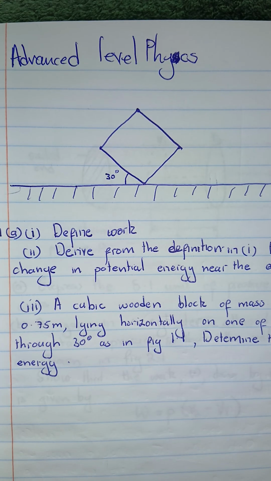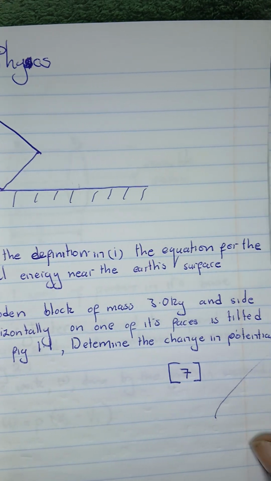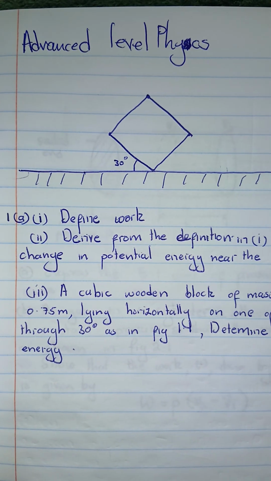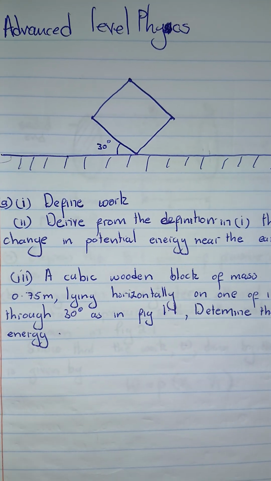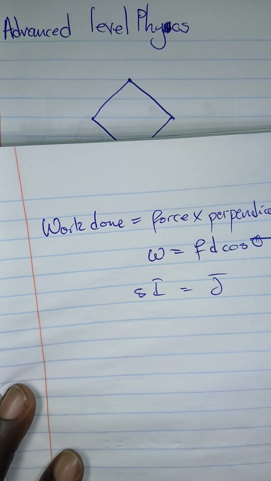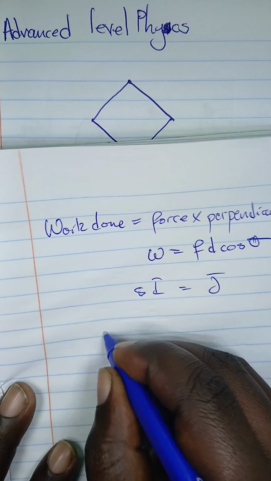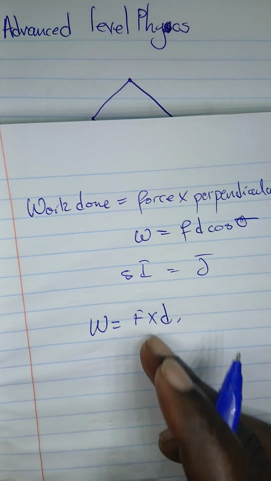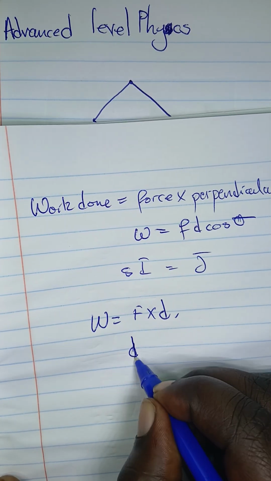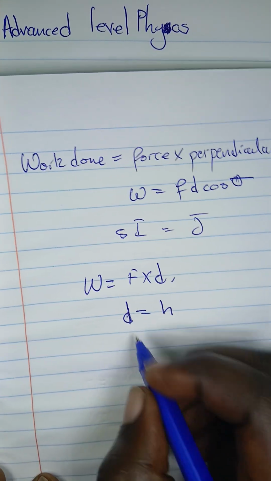Derive from the definition in 1 the equation for the change in potential energy near the Earth's surface. So work done is equal to force times distance. The distance here is going to be equal to h.